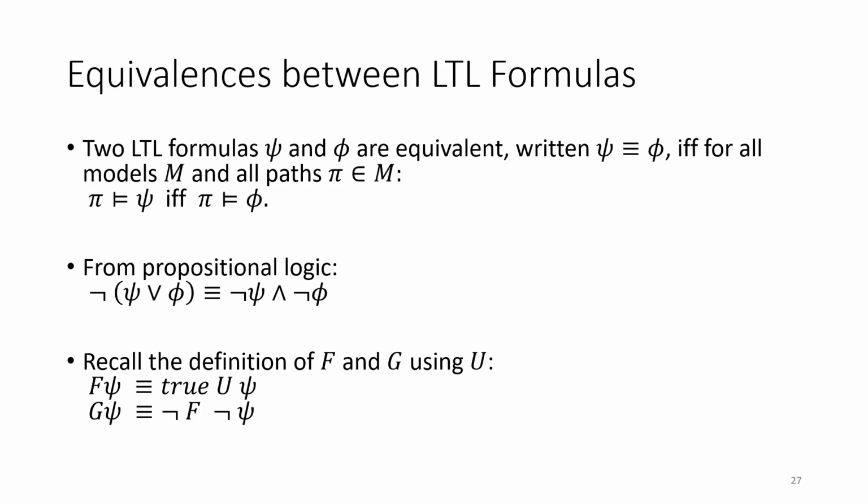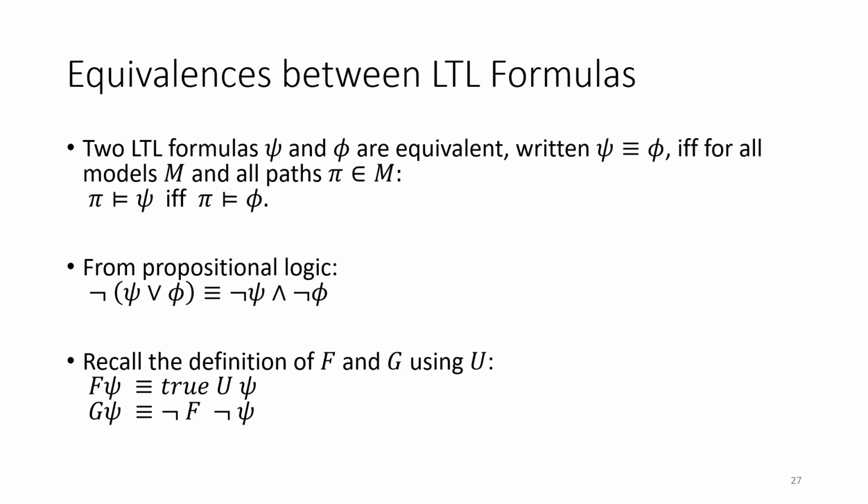And then there are other equivalences that we have already seen. Of course, those equivalences from propositional logic will still hold. And then there are some other equivalences that were more or less defined equivalences, right? Because we said we want this operator that eventually psi is true. So after some finite amount of time, psi is true.